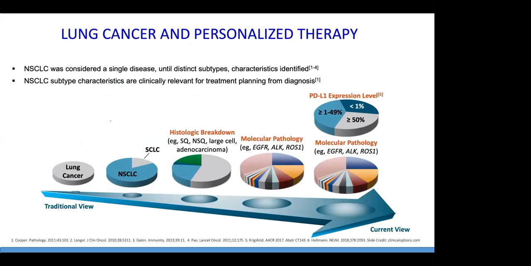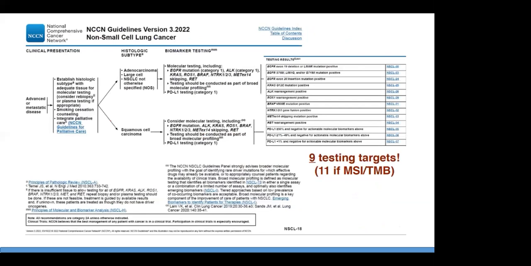And this is the evolution in lung cancer. We came from the traditional view of histology, and now to molecular pathology and determination of PD-L1. At least there is a minimal panel that I need to study in any non-small cell lung cancer, especially adenocarcinoma. I need to study EGFR, KRAS, ALK, ROS, RET, BRAF, NTRK, MET, and PD-L1, at least 9 testing targets.